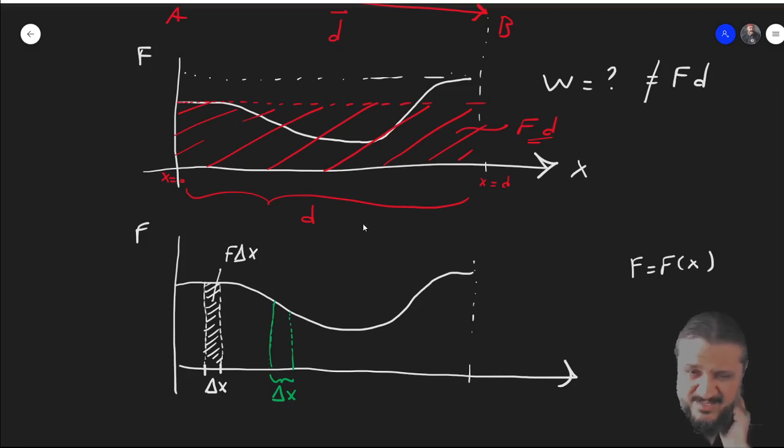But then if it's going to be a rectangle, which rectangle are we talking about? You can use the larger value or the smaller value. If you use the smaller value, this is the rectangle. If you use the larger, let's use blue, then you would have this one. You see what we have here?